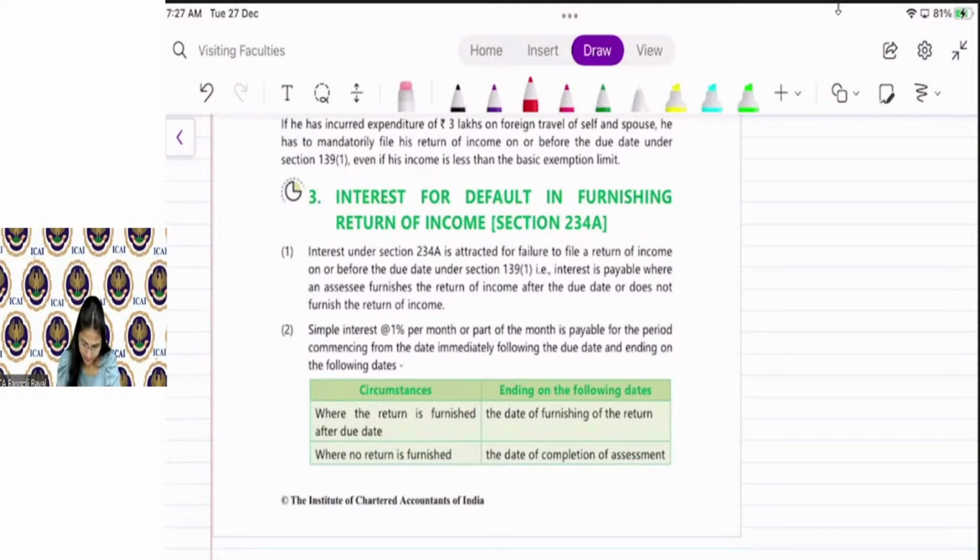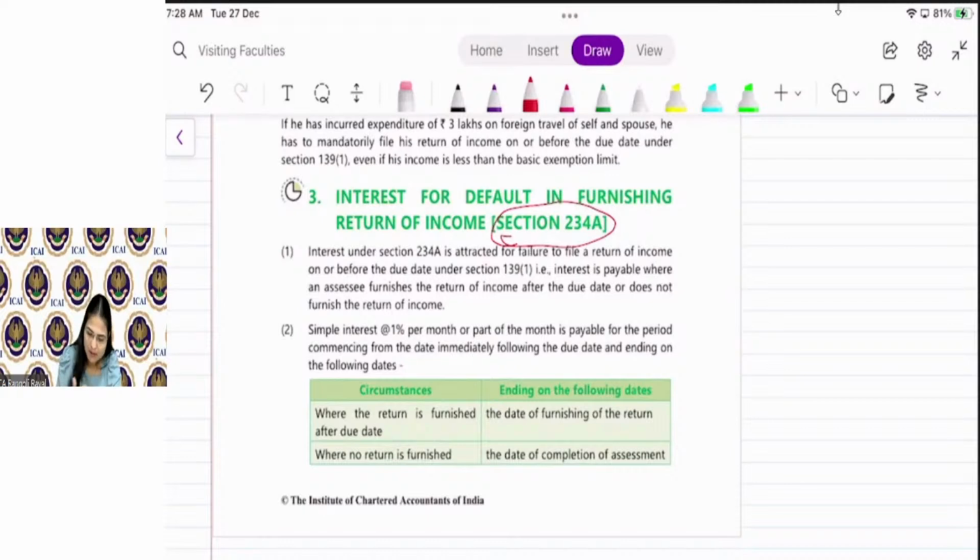Chalo, next. Interest for default in furnishing return of income under Section 234A. If you are filing your return of income within the due date, then interest under Section 234A is not applicable. Interest under Section 234A is applicable when you have not filed your return of income within the due date.